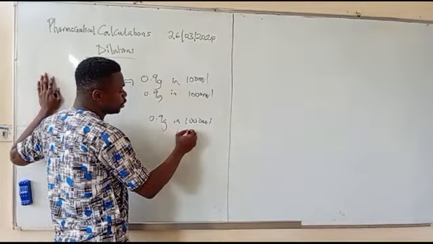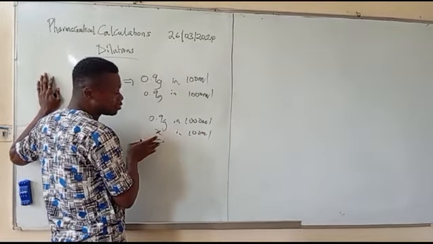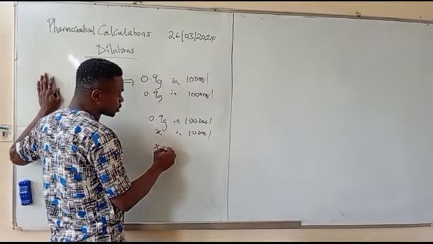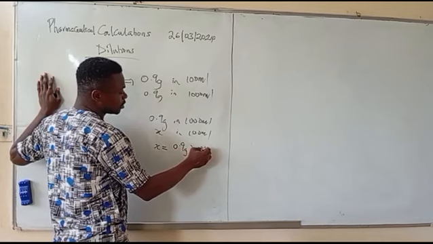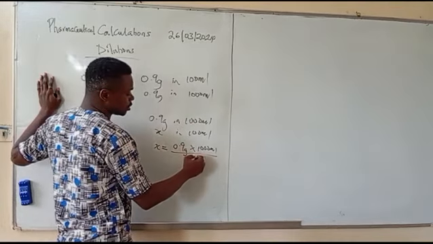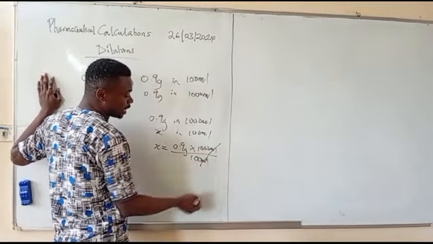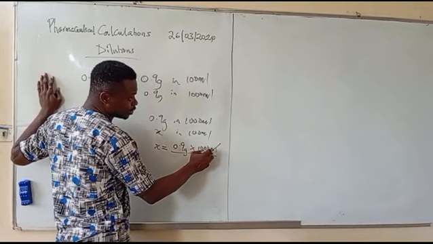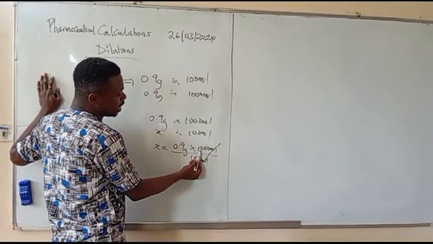So X is now 0.9 gram times 100 ml, cross multiplying, all over 1000 ml.